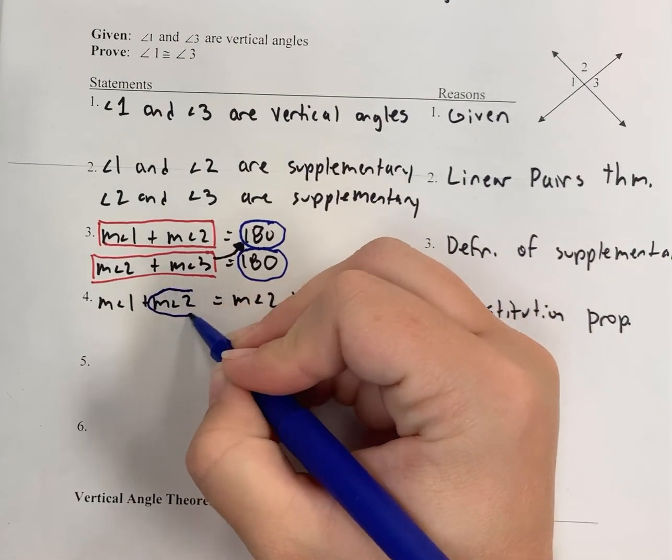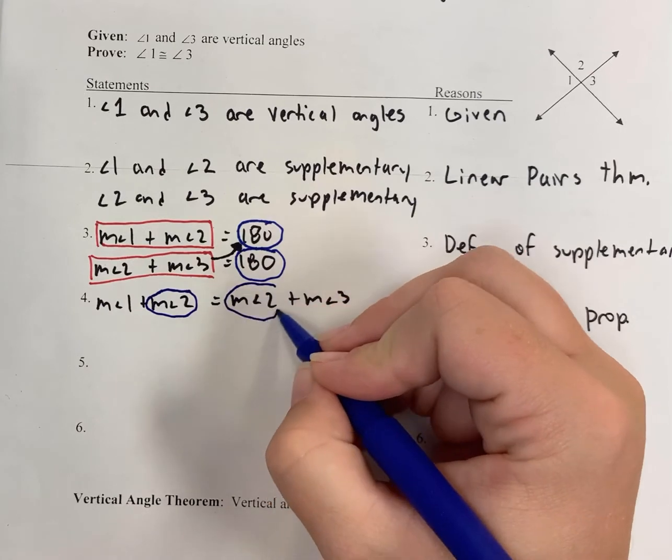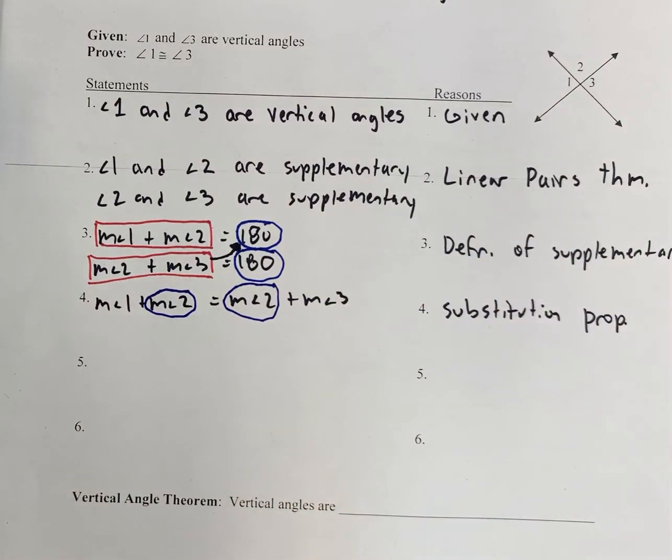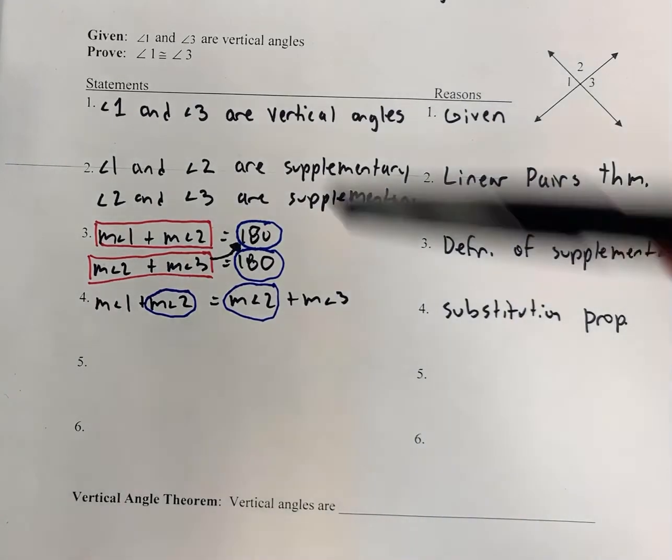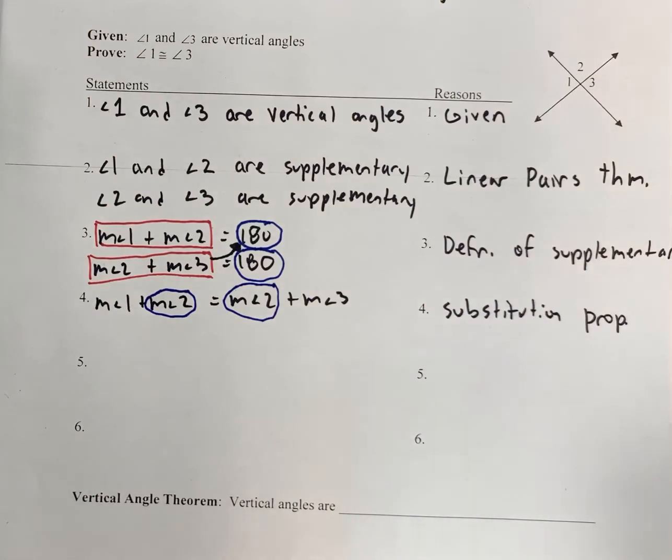Notice the measure of angle 2 shows up in both places, which means we can get rid of it, which is good because we don't even want it. We're trying to prove that 1 and 3 are congruent. We don't need the measure of angle 2, so we want to get rid of it. If you have it on both sides, you can just subtract it from both sides.